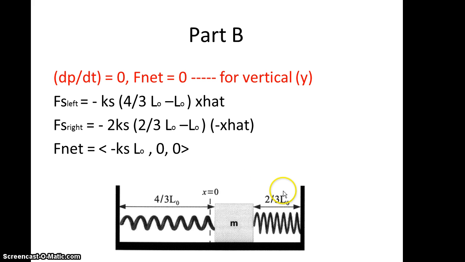This is negative x hat because when the spring is stretched, it is in the negative x direction. So when added together, we get F net equals negative Ks L0, comma 0, 0. And the y and the z are 0 because there is no momentum occurring in those directions.